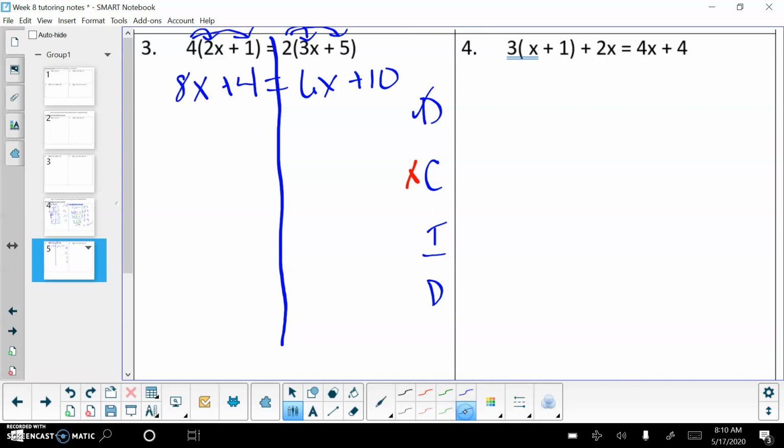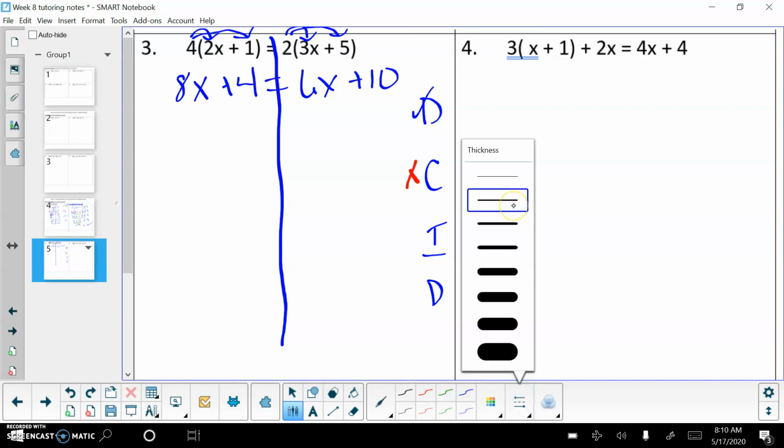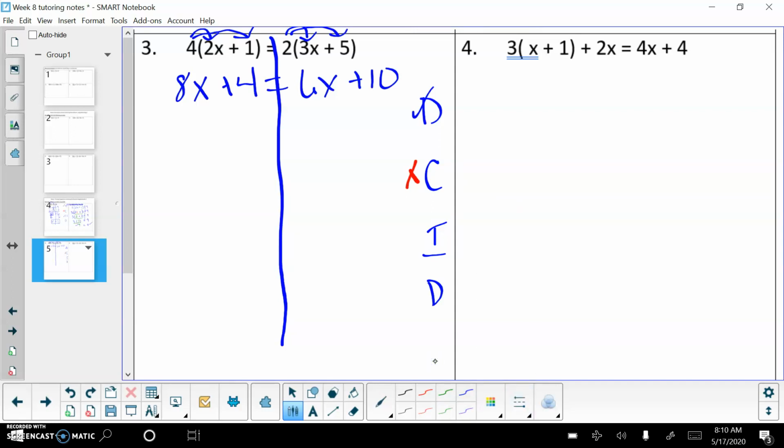So now I'm going to look at the isolate. I notice that I have x's on both sides, and one of the things that we learned with the triangles, the sketch method, is it's good to get your x's taken care of first. So I want to get my x's together, and this is a plus minus isolation, which is what we do first. I'm always going to go to the side with the fewer x's. So I'm going to go between 8x and 6x. 6 is fewer, so I'm going to go over there.